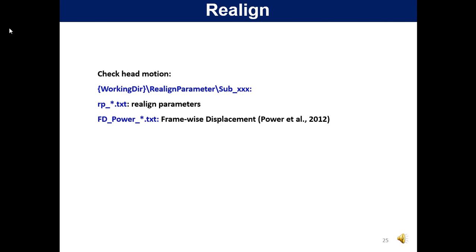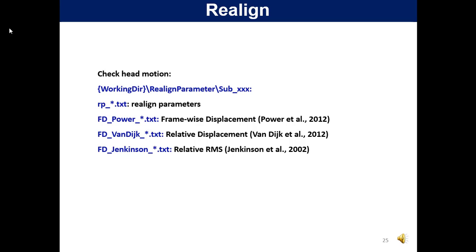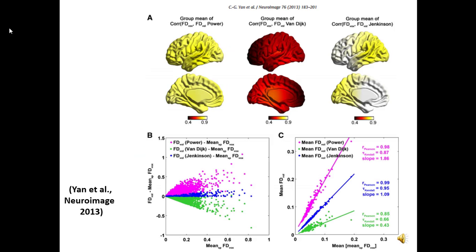Also you can have FD Power, which is framewise displacement by Power's formula and Van Dijk, but the most used is FD Jenkins. This is also called relative root mean square, and this is what we recommend because in one of our works we found FD Jenkins is closer to the voxel-wise displacement.